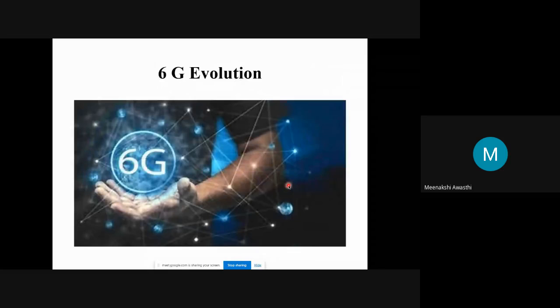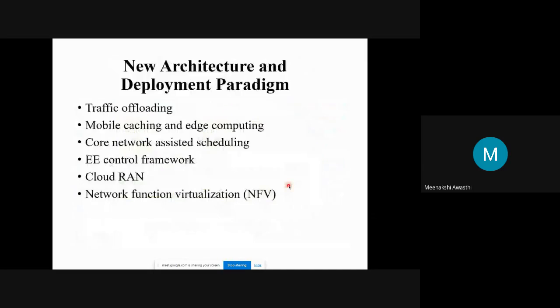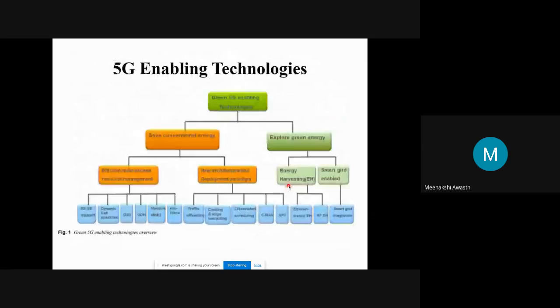Okay, so here again, I want to go back to the first slide just to recall how to explore green energy. This is actually a new area of research. So I want to mention what energy harvesting is and what smart grid enabled means.